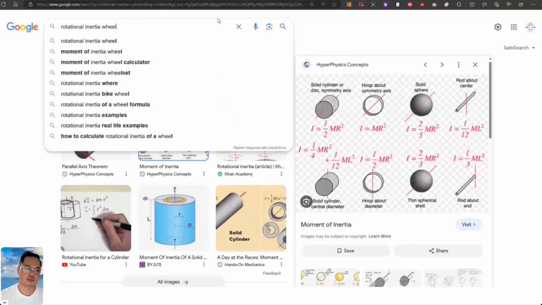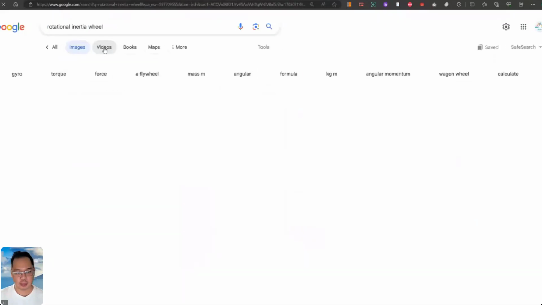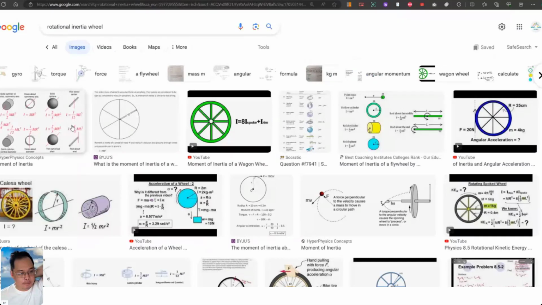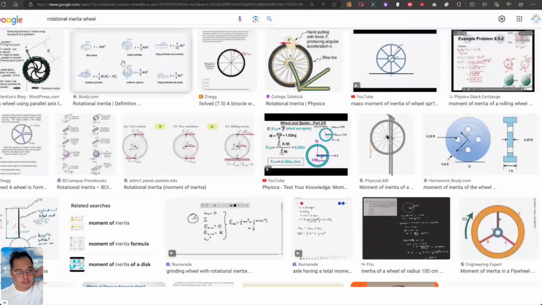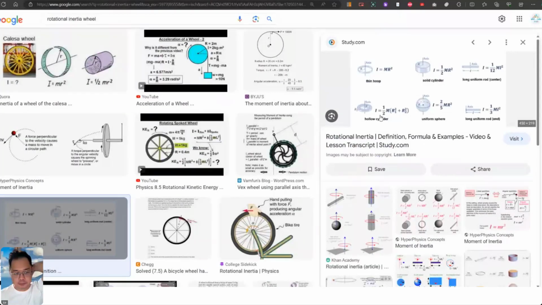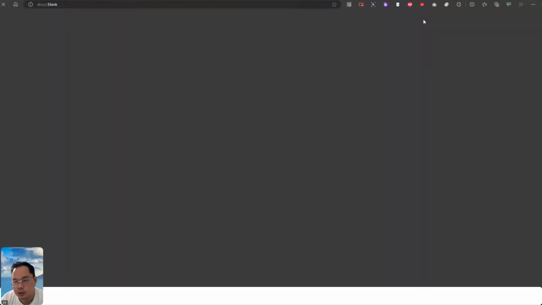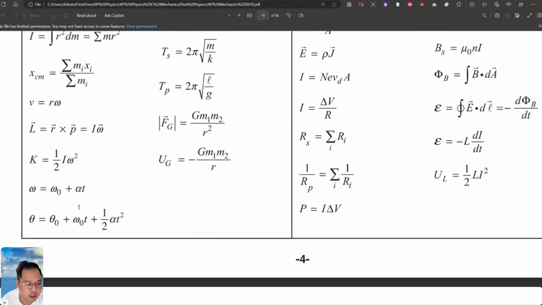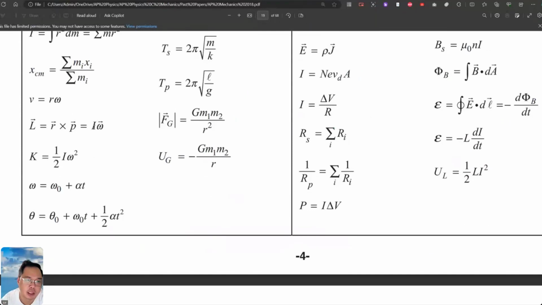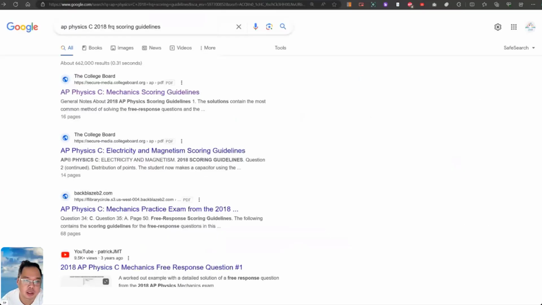Okay, check a wheel. It is a solid wheel. Solid cylinder is 1/2 mr squared. Moment of inertia, here the formula I times omega.